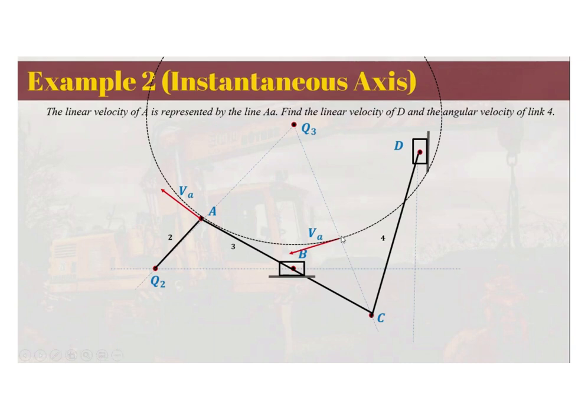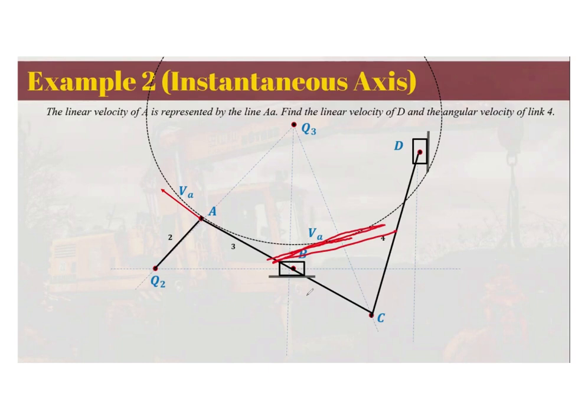And then the next step is to draw an imaginary line joining Q3 to the head of A and extending that line. So we have Q3A, to the head of your velocity A. This is your imaginary line. To find the velocity of C, since all points here are on the same circle, this must be perpendicular. So the velocity of C must also be parallel to the velocity of A at this line.